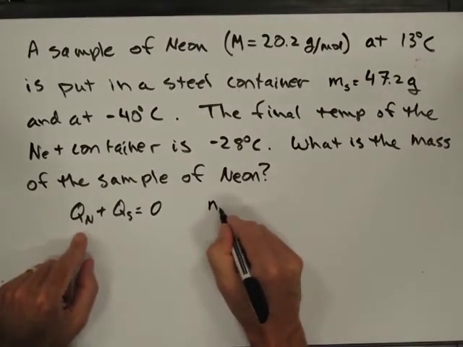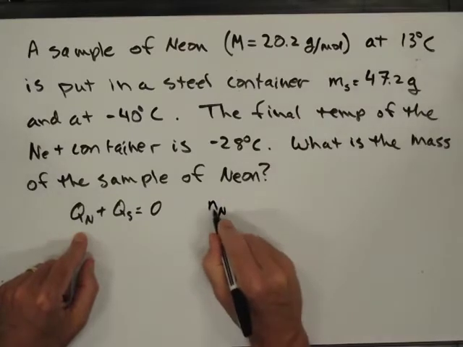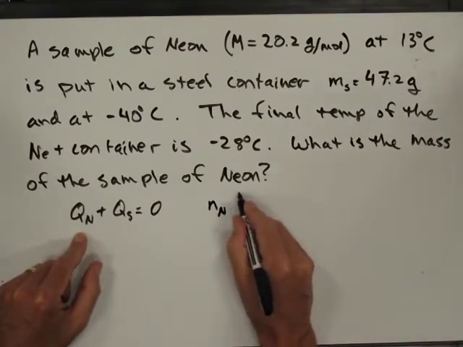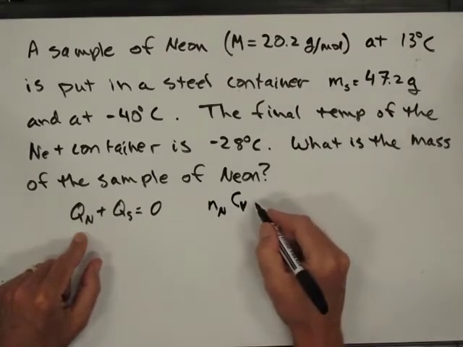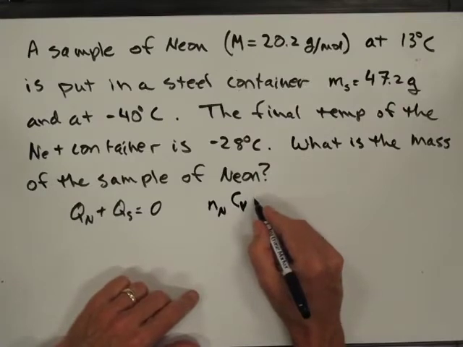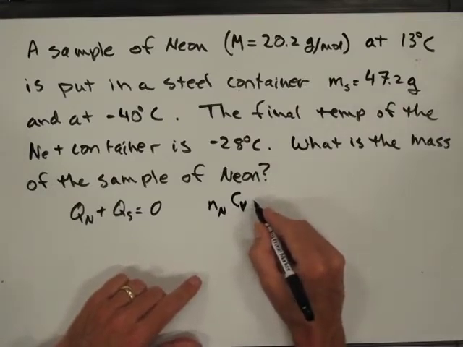We'll say the number of moles of neon, I'll just call it little n sub N for neon, times heat capacity at constant volume, which is 3/2 R. We've already said that for monatomic gases, but we'll get to that.